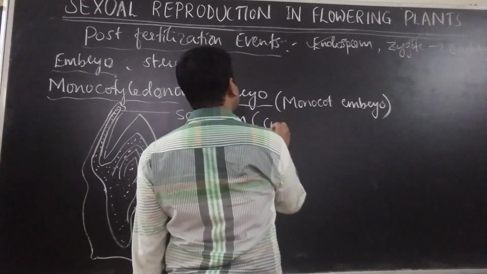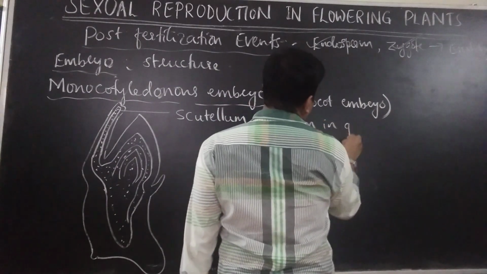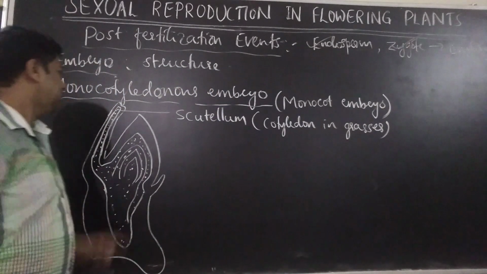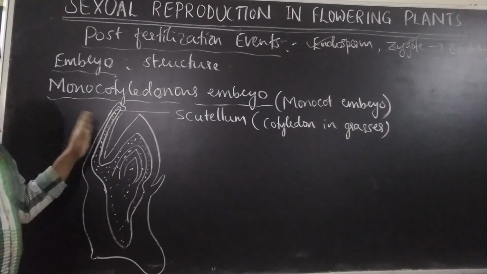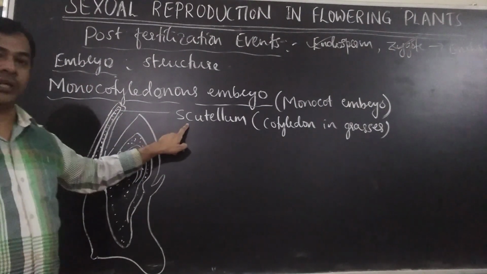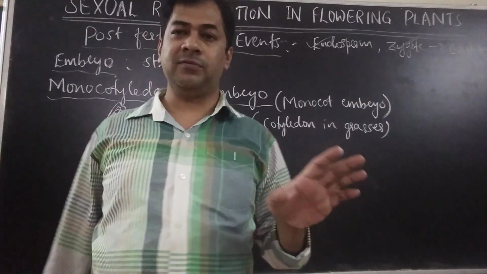Scutellum is another name for cotyledon in the case of grasses.